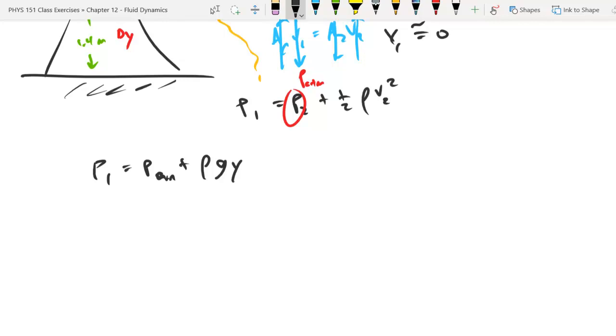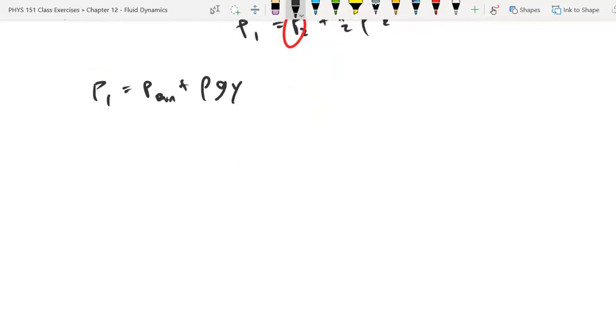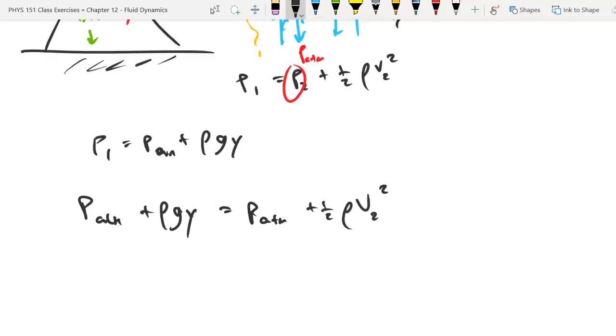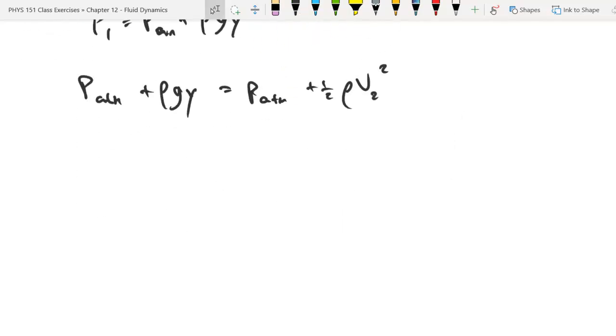When I put this into Bernoulli's equation, I have P atmospheric plus rho g y, that's pressure 1, equals P atmospheric, that's pressure 2, plus 1/2 rho v2 squared. Of course, then these atmospheric pressures also cancel out.